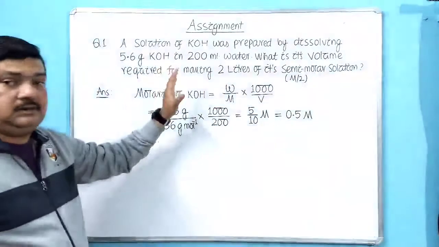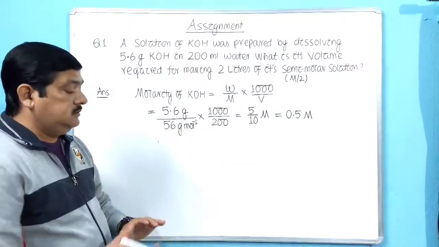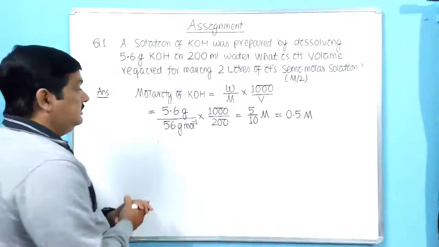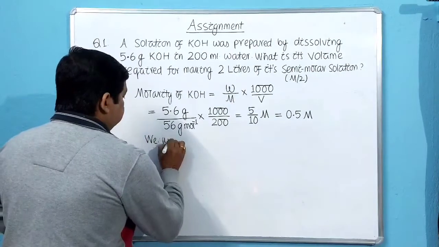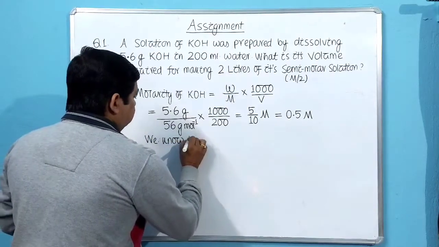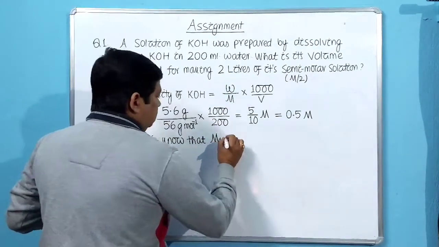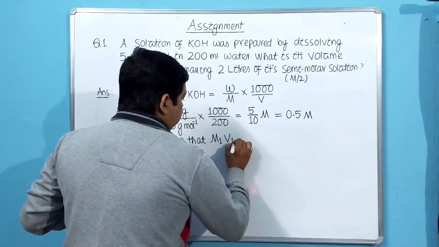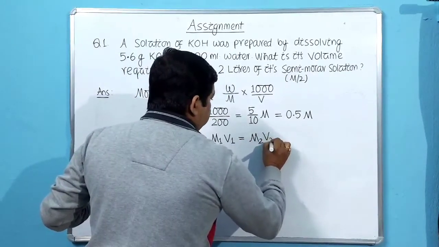Okay. So first of all, we have to find out the molarity of the given solution. Then we have to use the molarity equation, that is, we know that M1 V1 is equal to M2 V2.